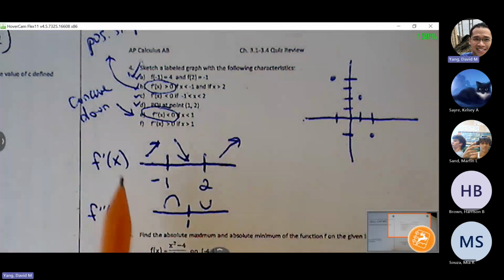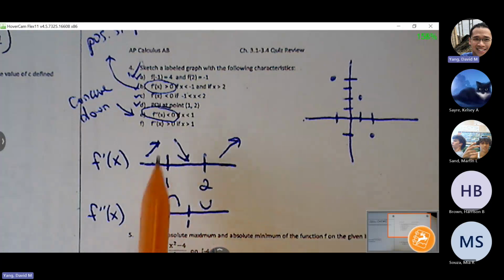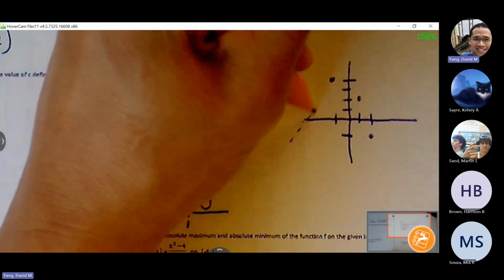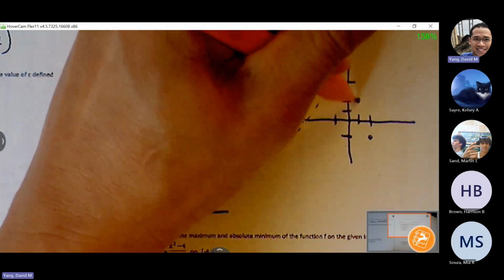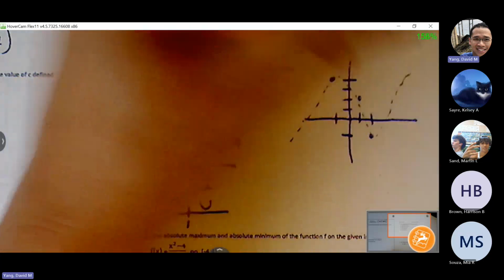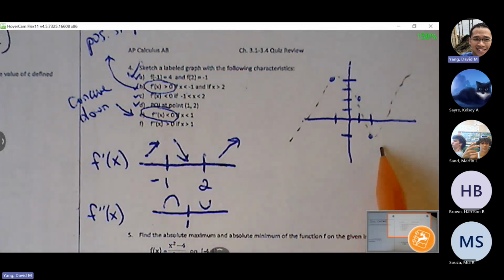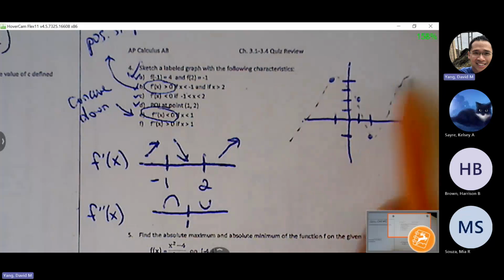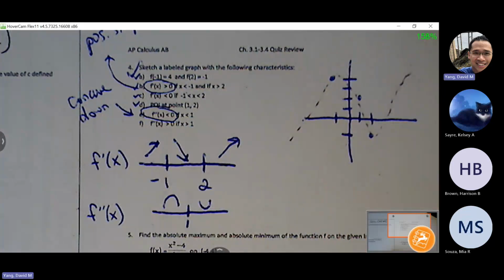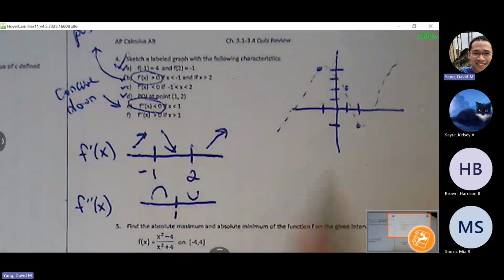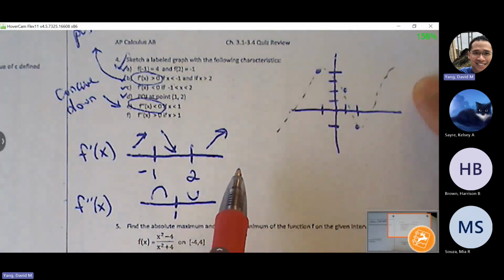Okay, so focus on your f prime sign line first, because this will help you map out your graph without having to worry about your curvature. And then we can go back and retrace the graph with the appropriate curvature. But right now, we know our graph is going to be rising, falling, rising again. We expect a relative maximum at -1. We expect a relative minimum at x equals 2. It's not as clear as it could be in terms of curvature, but we know this is the movement of the graph.